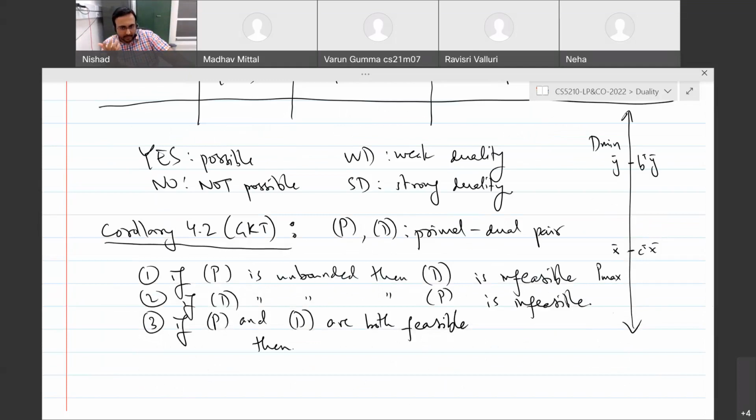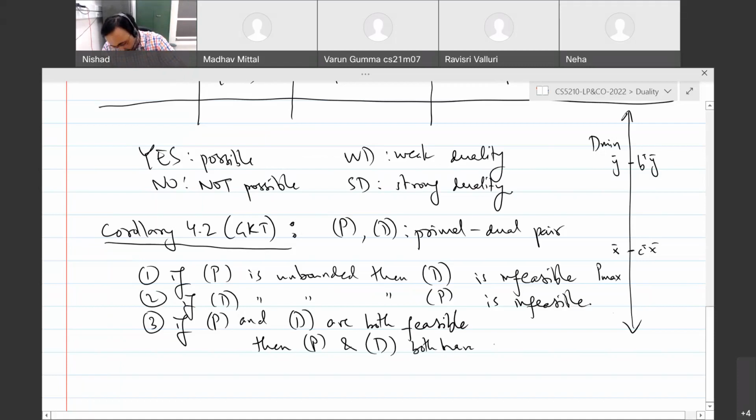Because if one of them is unbounded, the other one is infeasible. So they both can't be unbounded. They both can't be infeasible because we're already assuming they are feasible. So what can you say now? They both have optimal solutions. Then P and D both have optimal solutions.